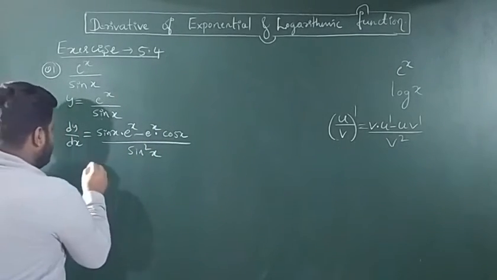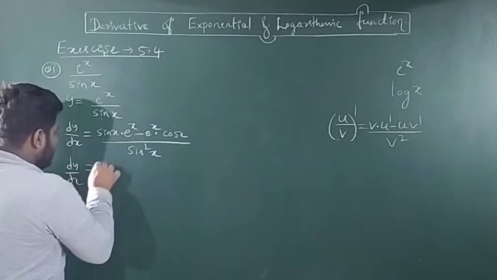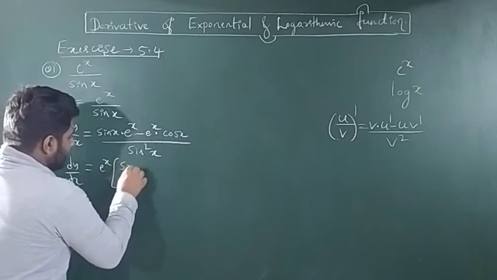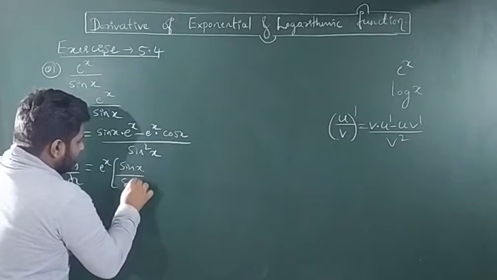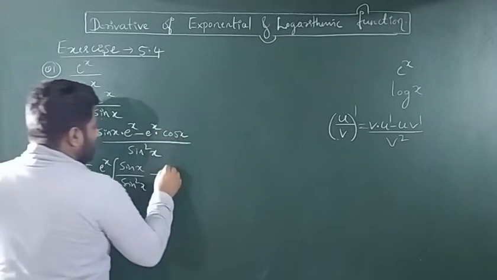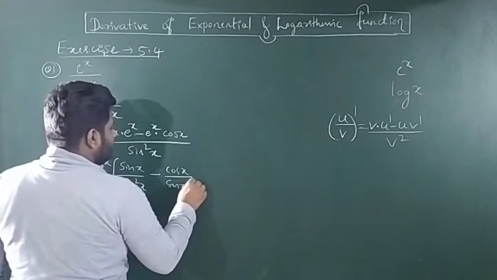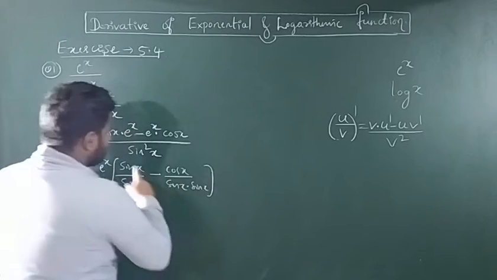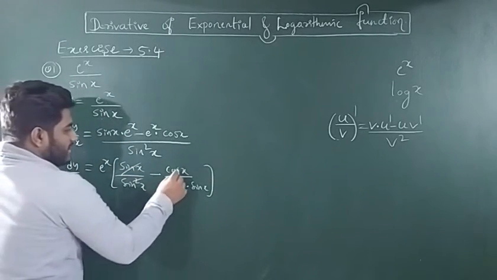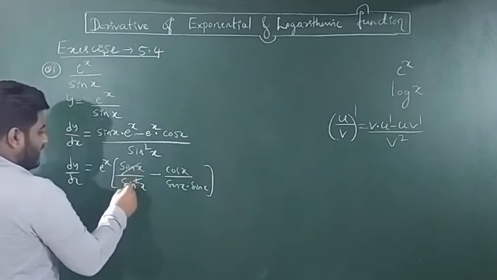You can simplify again. e raised to x is common here in dy by dx. You can write sin x by sin square x, sin x divided by sin square x, minus, with e raised to x already taken common, cos x divided by sin x into sin x. So sin square x can be written as sin x into sin x. Here one sin x gets cancelled. Cos by sin is cot, 1 by sin is cosec.